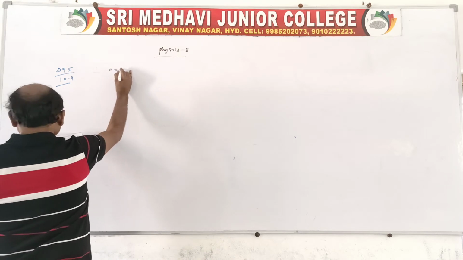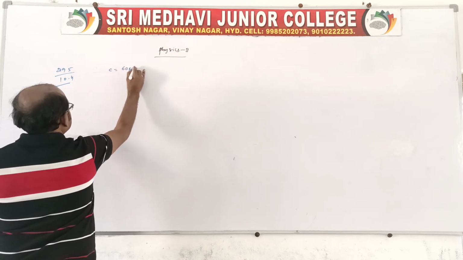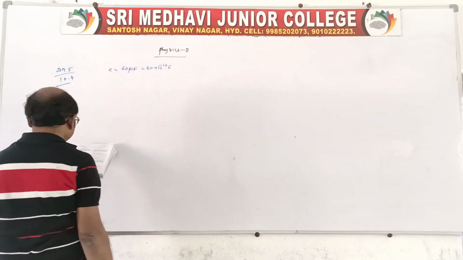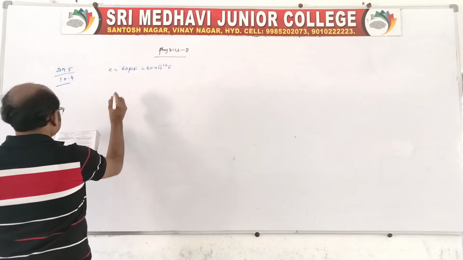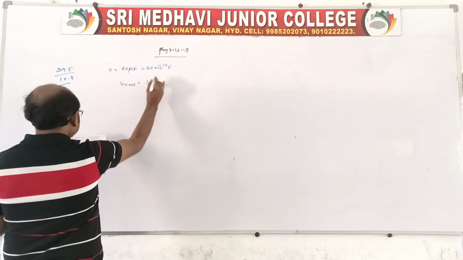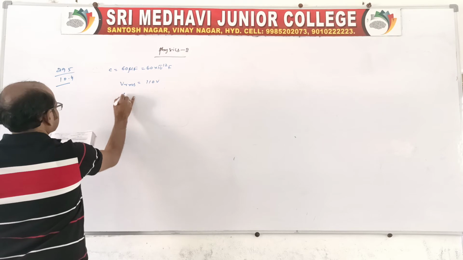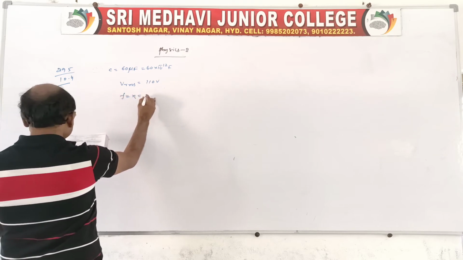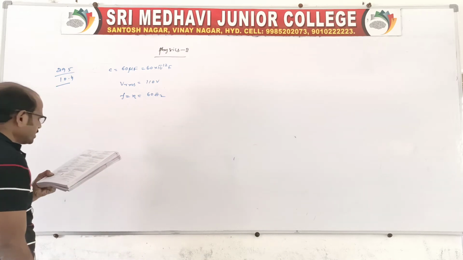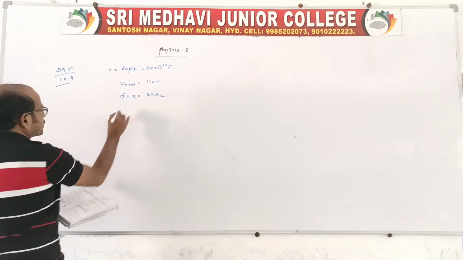C is given as 60 microfarad, that is 60 into 10 power minus 6 farad. V RMS is 110 V and the frequency is given as 60 Hz. Then it is asking to determine the RMS value of current in the circuit.